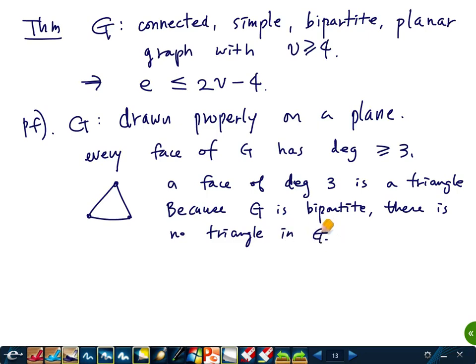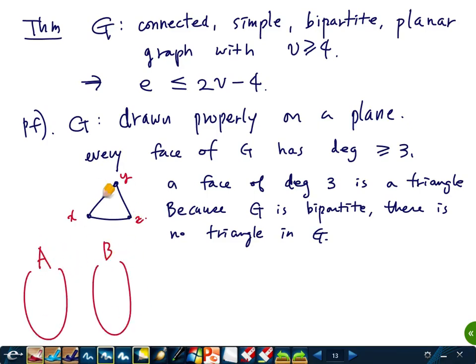Why? If there is a triangle, you must be able to divide the vertices into 2 parts so that you don't have any edge within one side, right? Let's say the triangle has vertices X, Y, Z, and we try to divide the vertices into 2 parts. We can assume X is on one side, A. X and Y are connected by an edge, so Y cannot be on A, and likewise Z cannot be there.